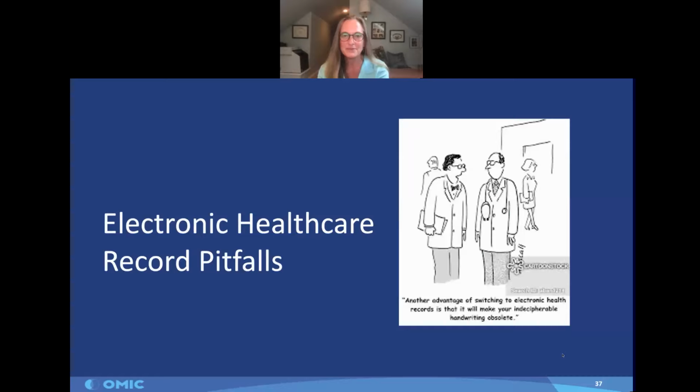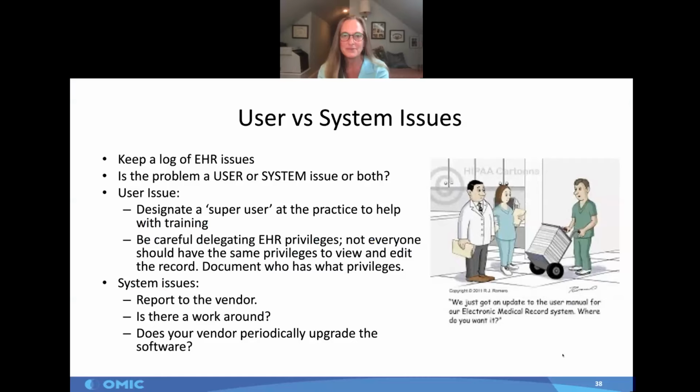Some are very comprehensive, some are better for ophthalmology, but it's a computer. So you want to pay attention to where the errors come from. We've done research on this topic. We've looked at our own cases, and it's about 50-50 user versus system errors.